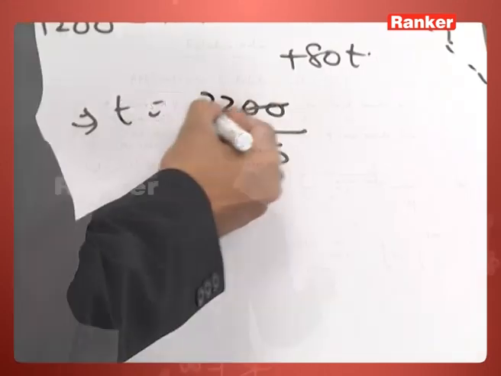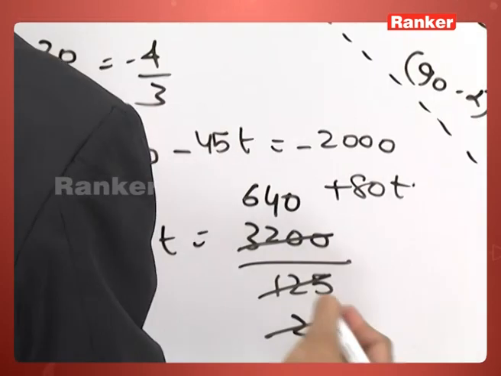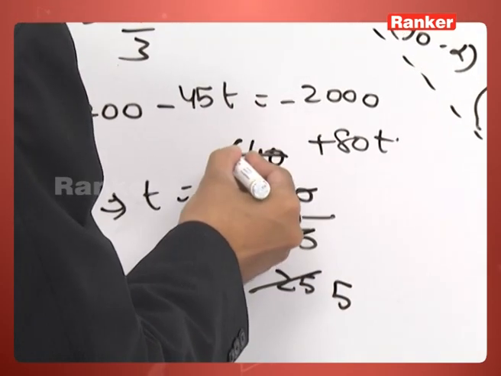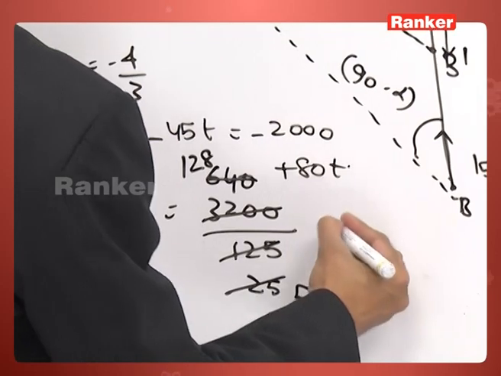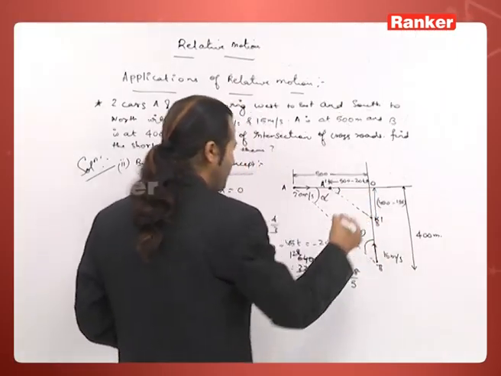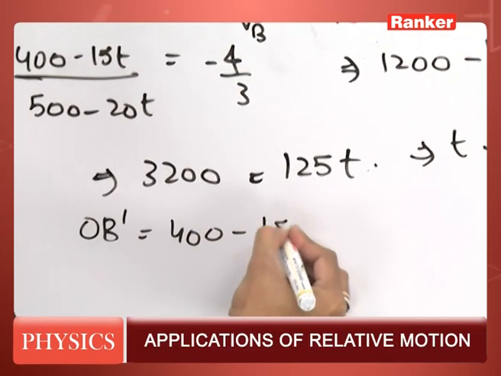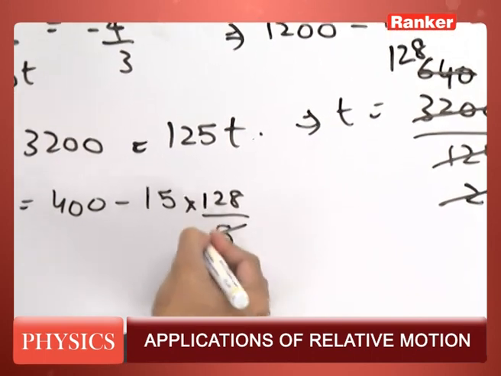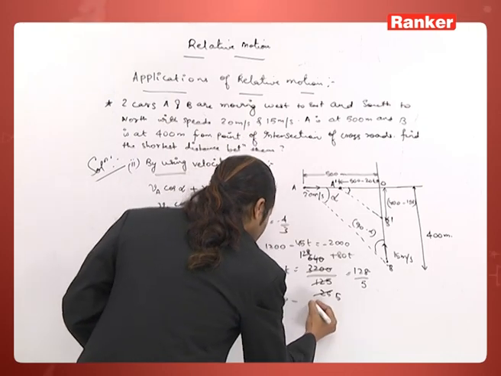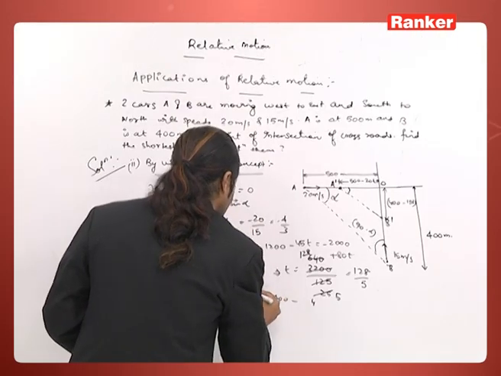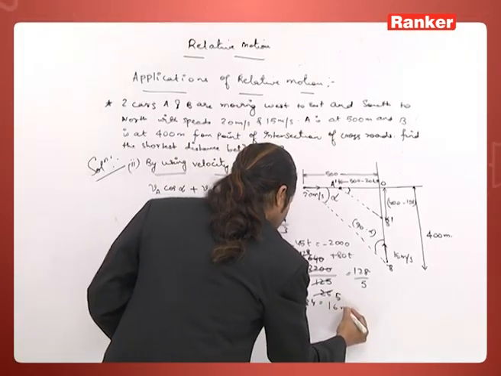So we divide this: 128 by 5. So OB dash will be 400 minus 15 into 128 by 5, which is 400 minus 384, which is 16.